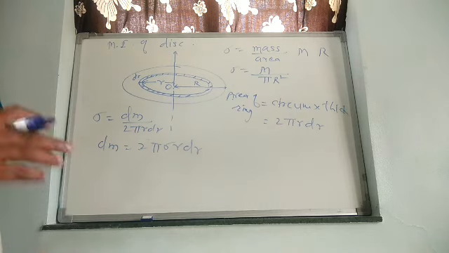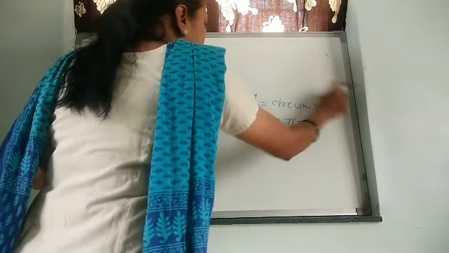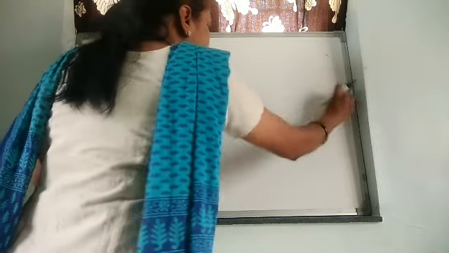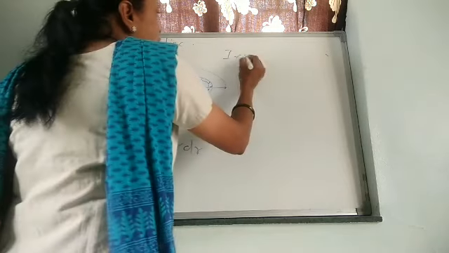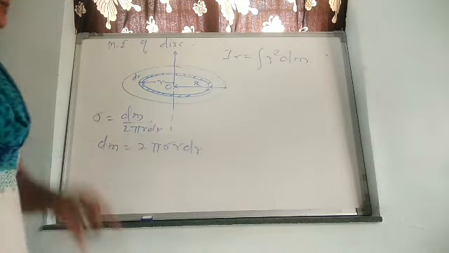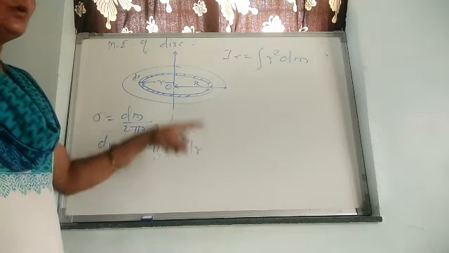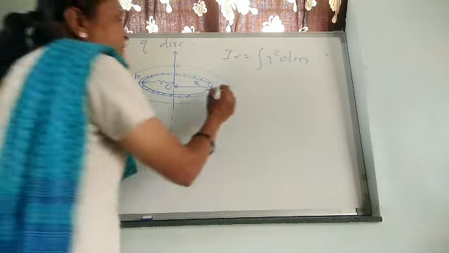Then we want to find the moment of inertia of a ring first. That is I_R, small r, is equal to the integration of r square dm, because r means its distance from the axis of rotation, where dm is the mass of that ring. We want to substitute the value of dm here.